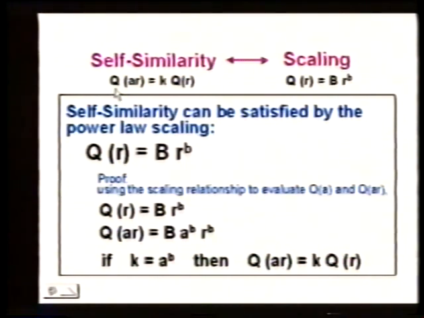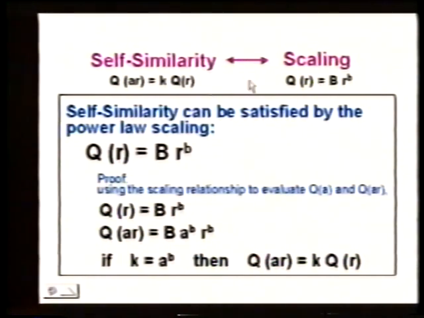Statistical self-similarity says that some property measured at scale aR is proportional to, is a constant, times that property measured at scale of R. And scaling means that some property measured at scale R has a form which we'll see here as a power law, meaning that that property measured at R is some constant times R raised to a power. So this property here is the scaling property. So this equation is a small version, and this equation is a bigger version of that, but they're self-similar. Actually, in this case, they're just similar.